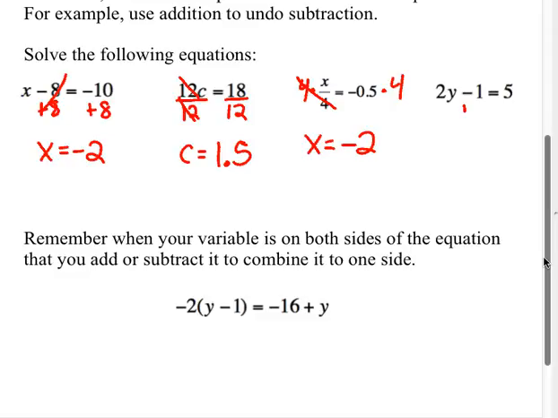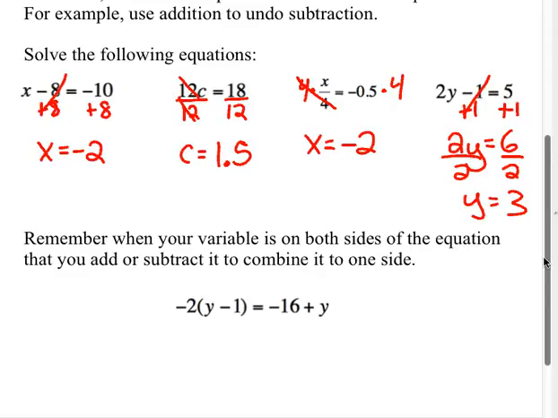So here what that means is I'm going to add the 1 over first, then divide by the 2. Okay, so just remember those two-step processes, which one has to be done first. Move anything away from the y that's adding or subtracting it, then multiply or divide accordingly.